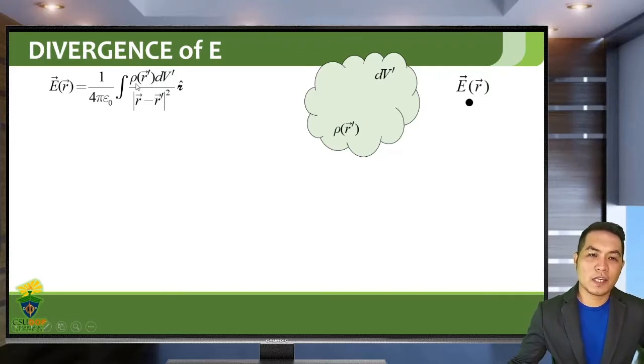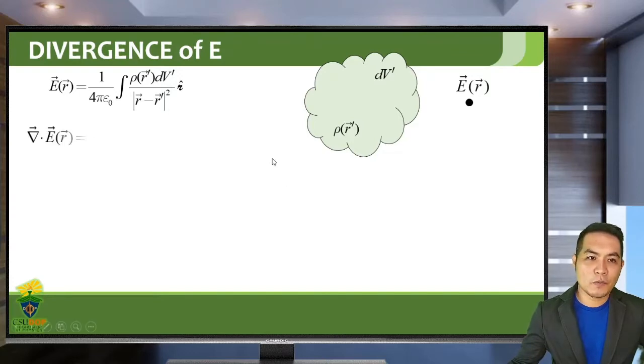Take note that our charge density rho is only a function of the source points r prime, and we are integrating here over the source point elements dv prime. The separation distance curly r here is just r minus r prime, the separation vector.